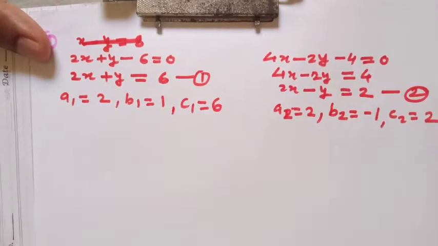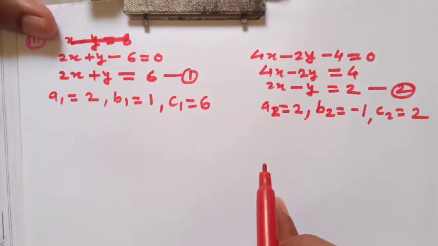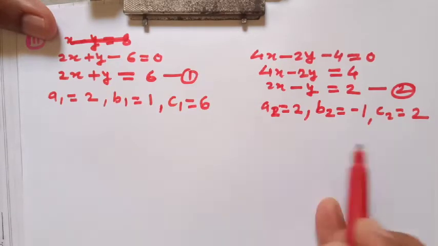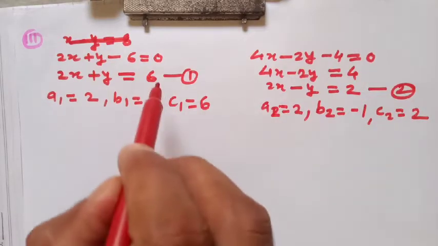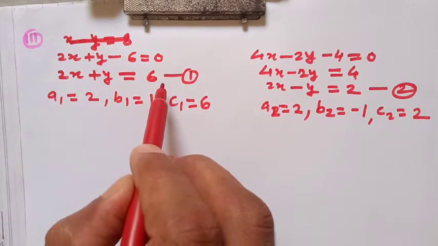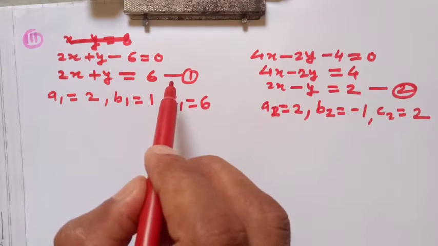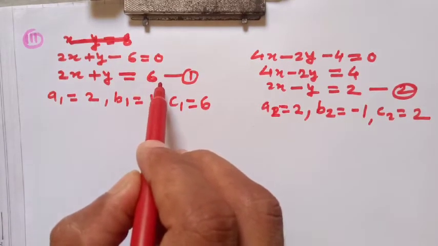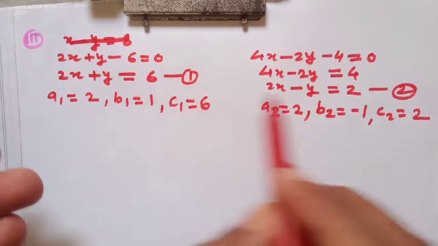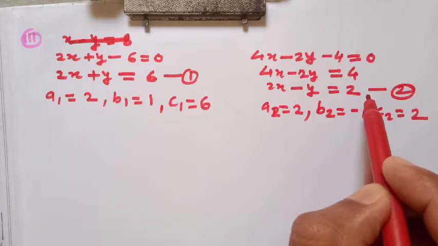Now take care, my dear students, in both linear equations you should consider the values of c1 and c2 with the constant value in both equations on the same side. If it is on the RHS side, then in the second equation also the constant value will be on the RHS side.